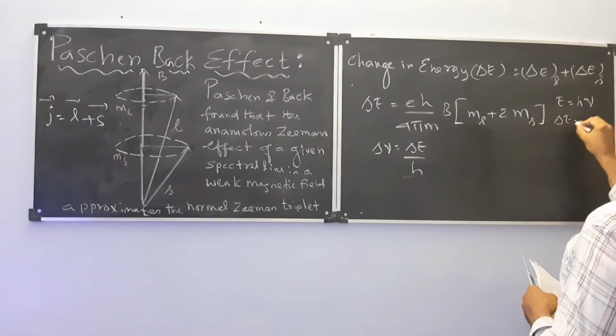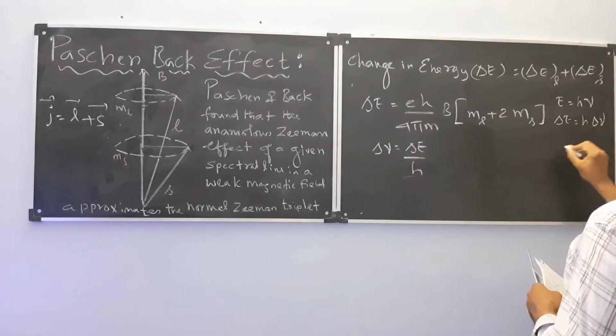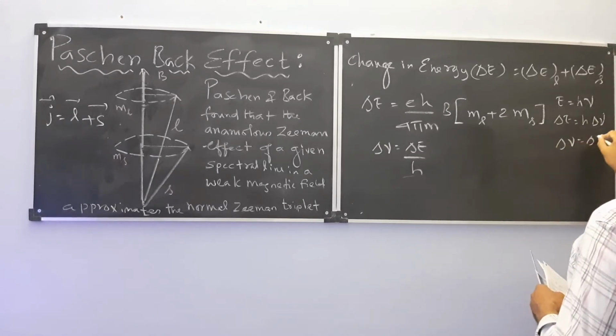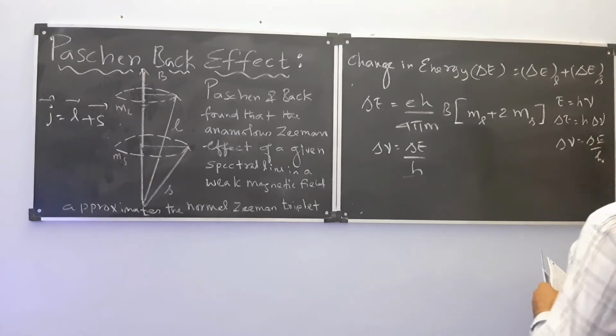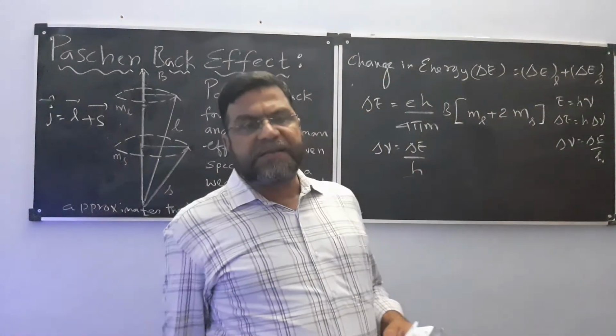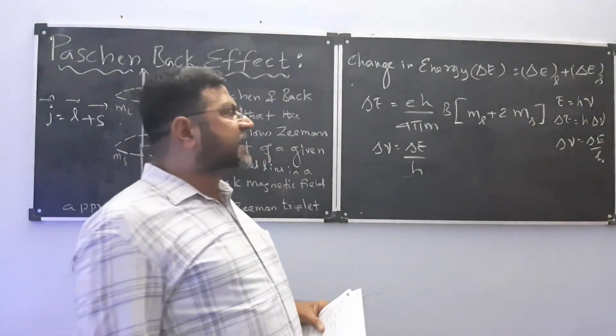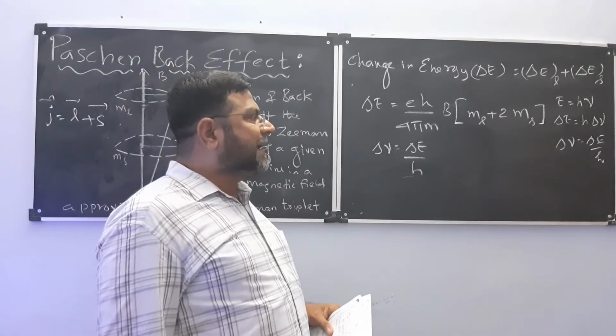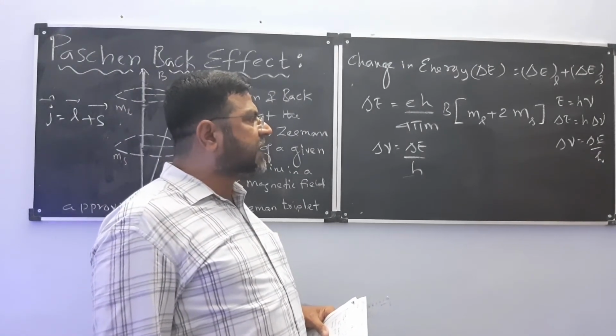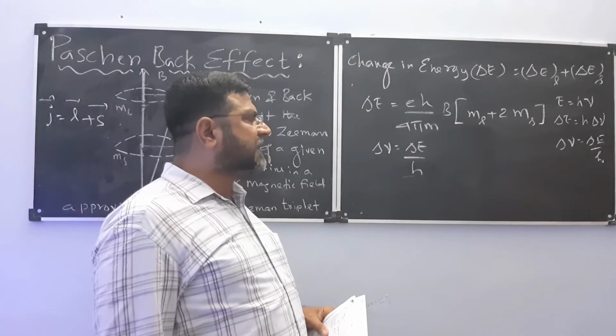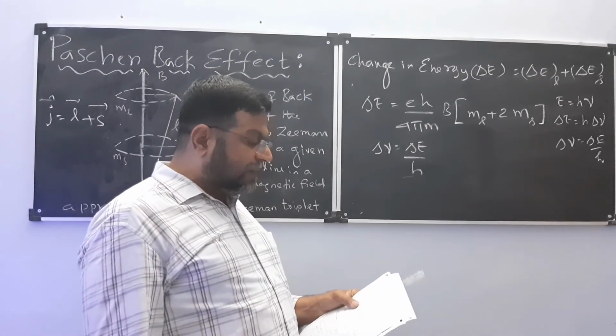Therefore delta E is equal to h times delta nu, and therefore delta nu is equal to delta E by h.